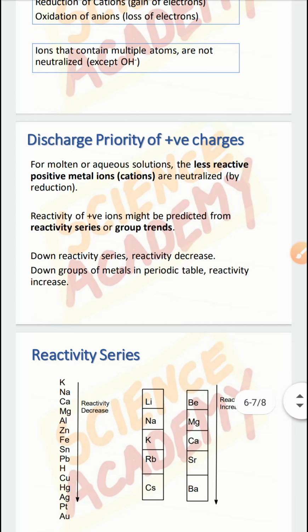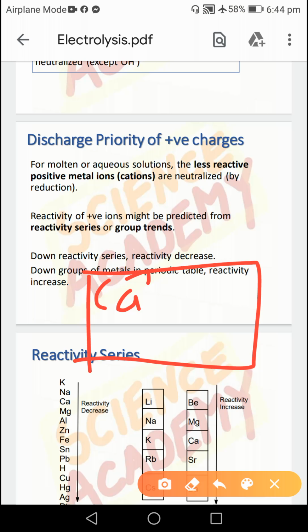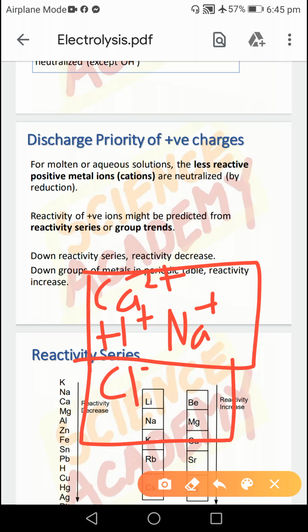Now let's go to the discharge priorities. What do you mean by discharge priority? For example, a solution contains calcium ion, hydrogen ion, and sodium ion. It also contains, for example, chloride ion, hydroxide ion, or sulfate ion. A solution may contain many positive ions or many negative ions.